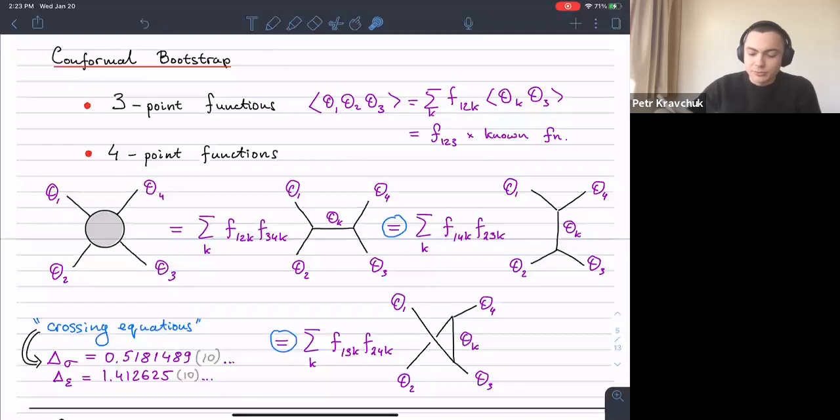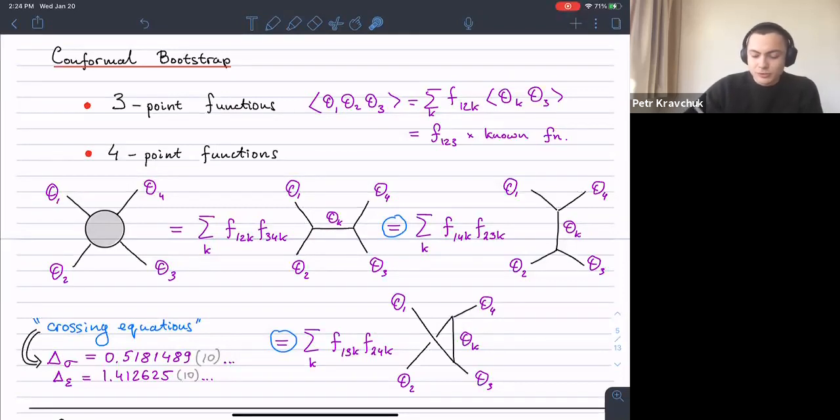If you apply it to, say, 3-point functions, then we can take the 3-point function of O1, O2, O3, apply the OPE to operators 1 and 2, get the sum of operators O_K with O3, and since 2-point functions are only non-vanishing for identical operators, the sum is restricted to K equals 3, and we get that the 3-point function is just the OPE coefficient times some known expression. So 3-point functions are simple, as is well known in CFTs, and the first non-trivial correlations are the 4-point functions.